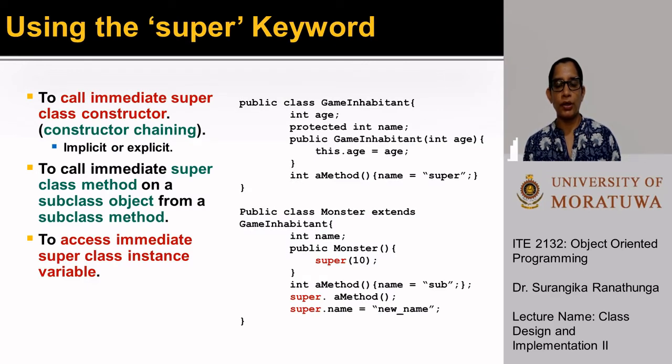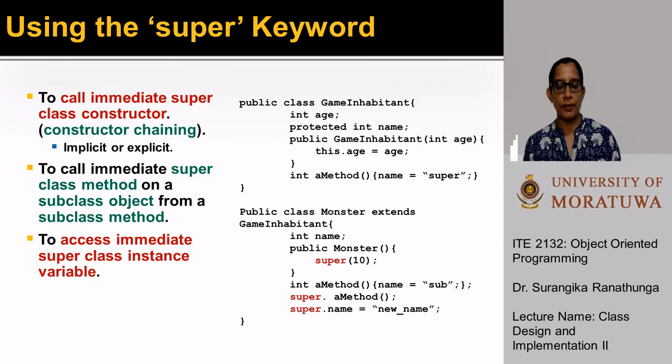When we say super.name, it will go and access the protected int name attribute that has been defined in the GameInhabitant. If you did not have the super keyword, then when I say name equals newName, it will refer to the int name attribute defined in the Monster class.